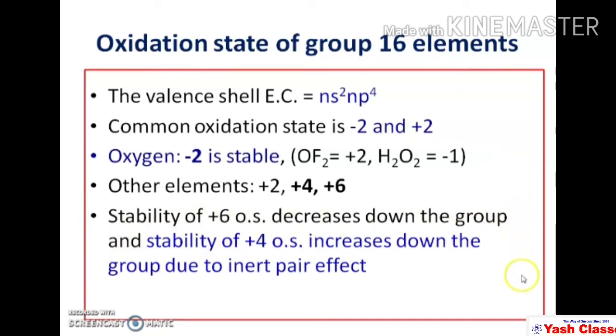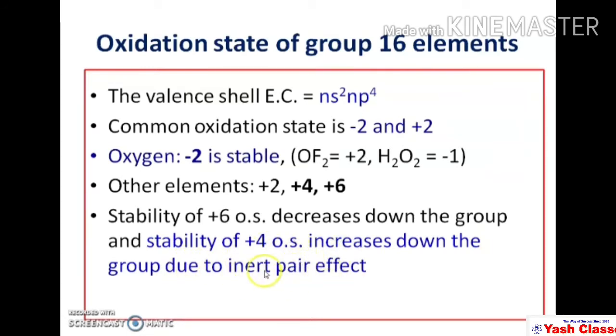It means that in polonium, the +6 oxidation state is least stable, whereas in sulfur, the +6 oxidation state is most stable. Whereas the stability of the +4 oxidation state increases. Polonium shows a stable +4 oxidation state and sulfur shows a +4 oxidation state which is less stable, and this is due to the inert pair effect.